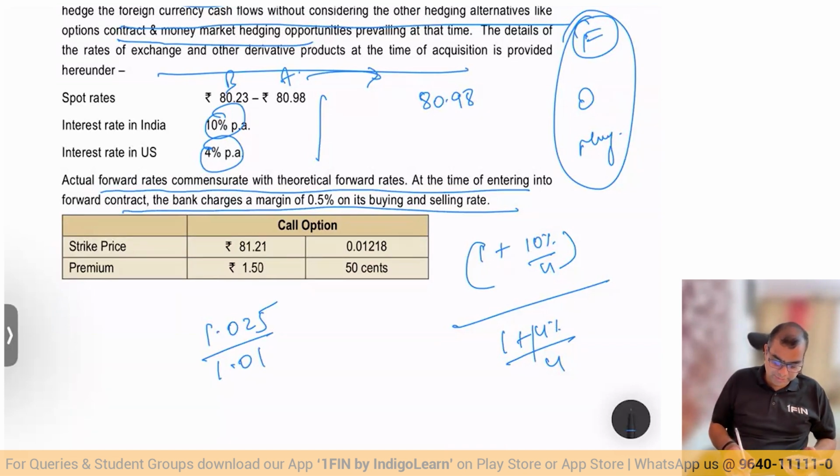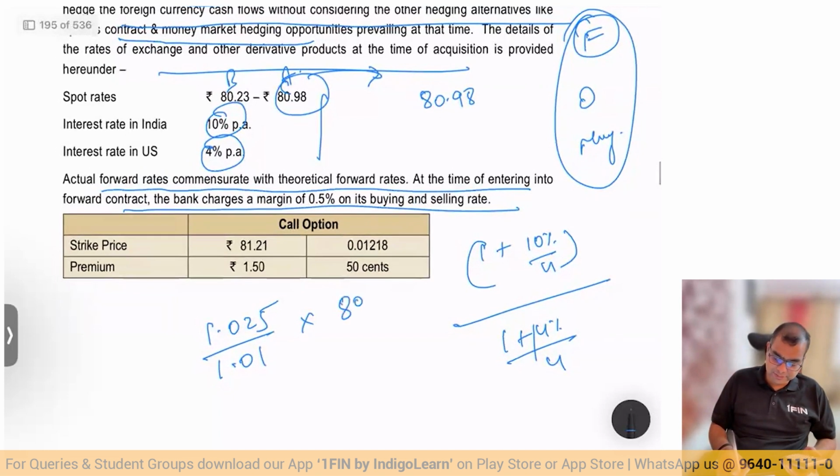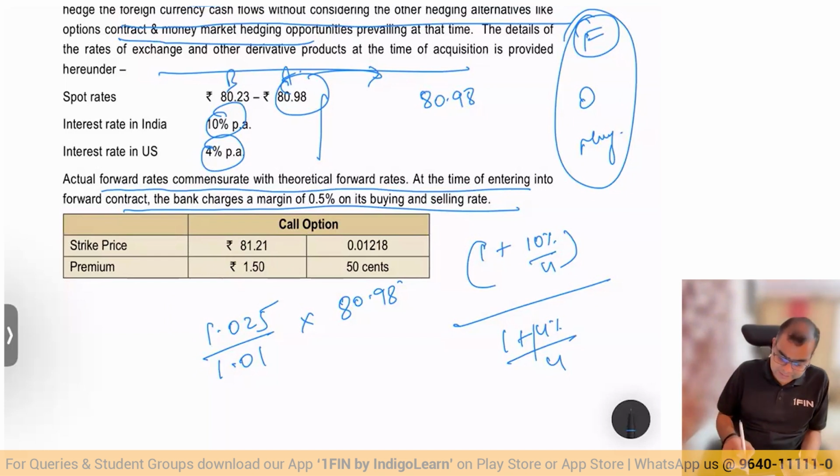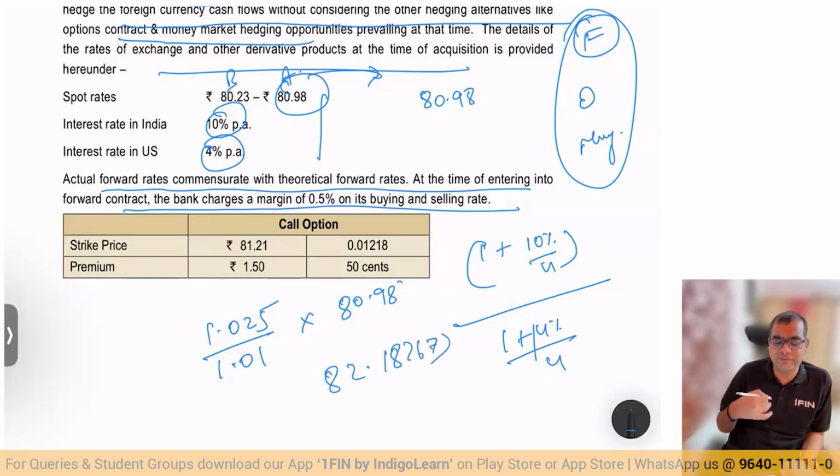Okay, you'll get some number. This you multiply with the ask rate. Why ask rate? I already told you, because you are going to buy currency. So you multiply this into 80.98. You get 82.182673.